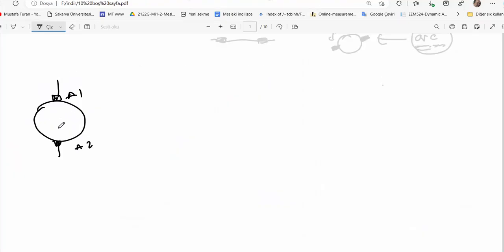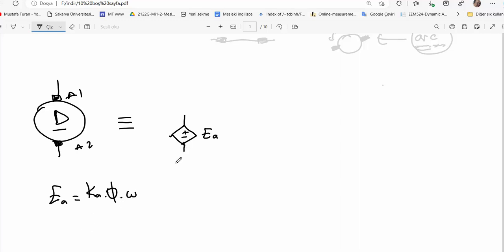Now, our aim is to make an equivalent circuit for the armature. As you remember, we developed the EMF equation. Here is the EMF. EMF was Ka times flux times angular speed of the shaft. That EMF is induced across the brushes, and there is a resistance of the copper winding in the rotor or armature.